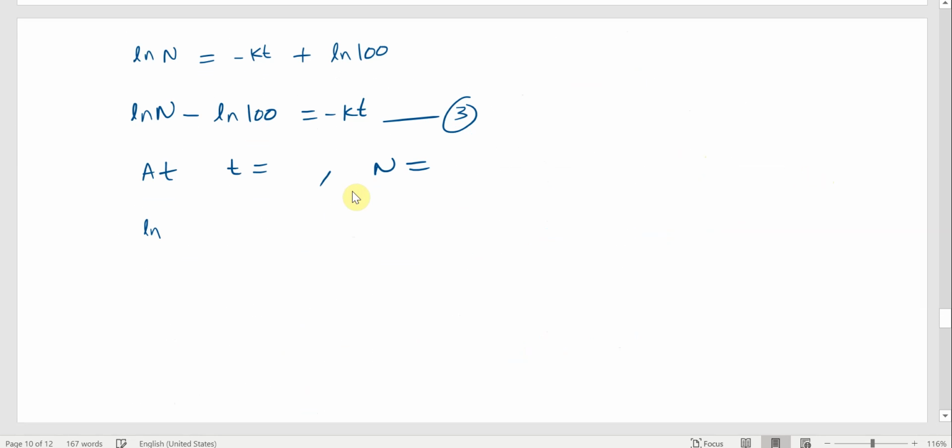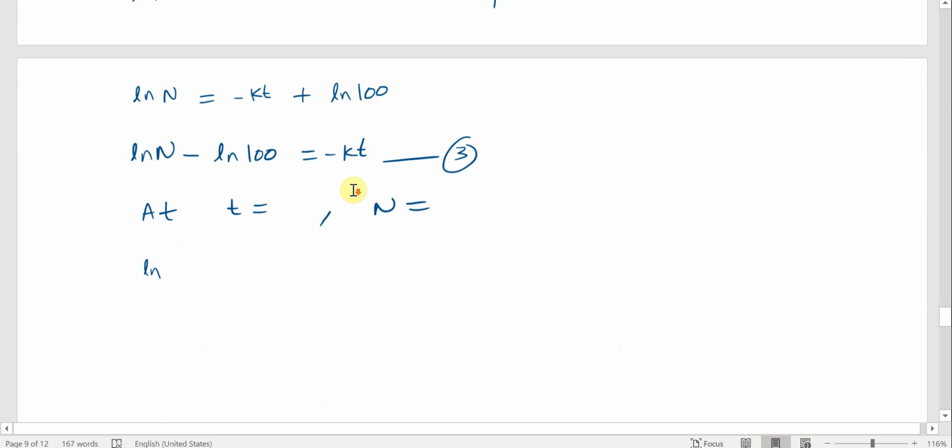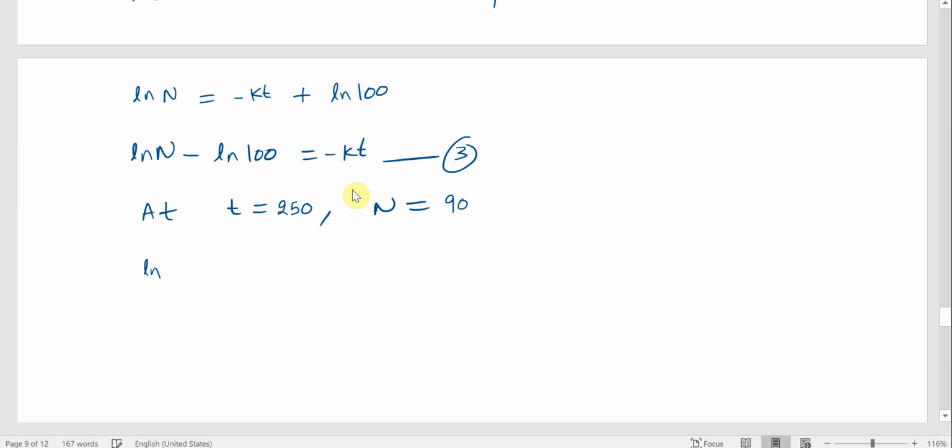So ln of 90 minus ln 100 as it is, equals minus k, and time is 250. So this is equation number 4.